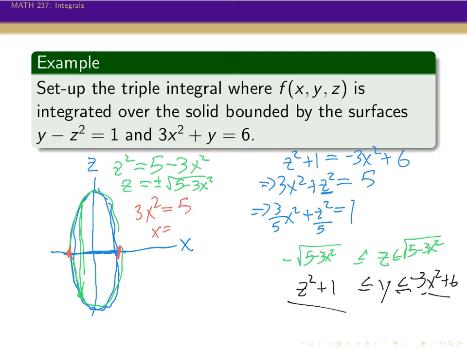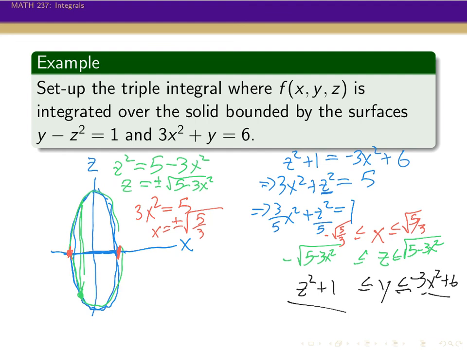And so x is plus or minus square root of 5/3 is where these are. And so x is going from minus square root of 5/3 to positive square root of 5/3. Okay. And so these are our bounds.